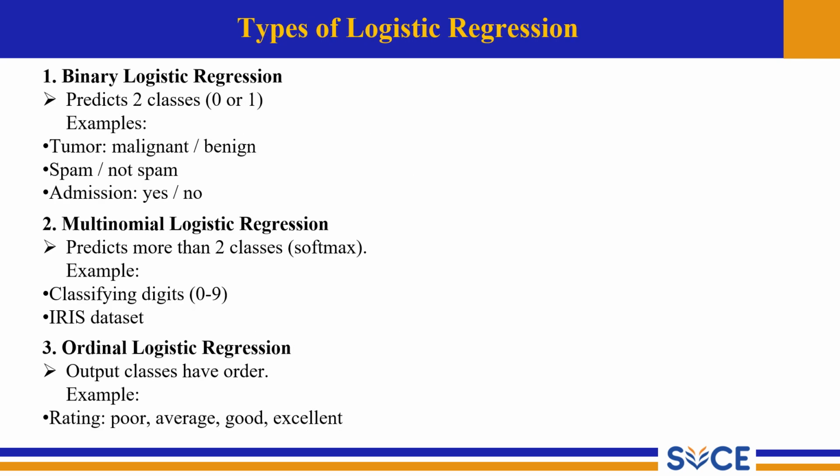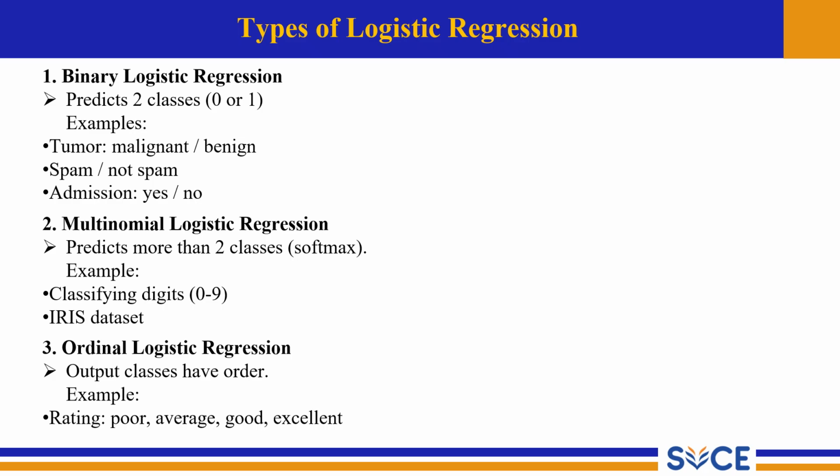Types of logistic regression. The first one is binary logistic regression. As the name suggests, this model is used to predict two possible classes, either 0 or 1. Common examples include medical diagnosis, predicting whether a tumor is malignant or benign; email filtering, classifying emails as spam or not spam; and admissions, predicting whether a student will be admitted or not.